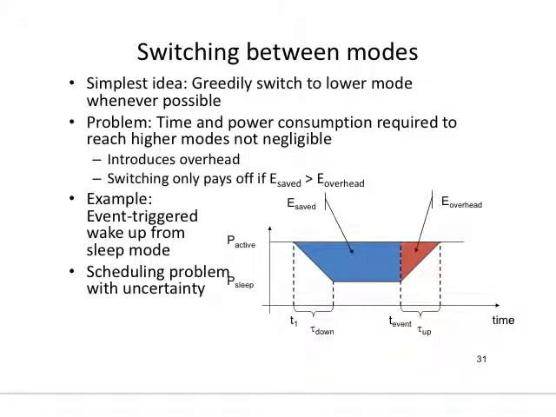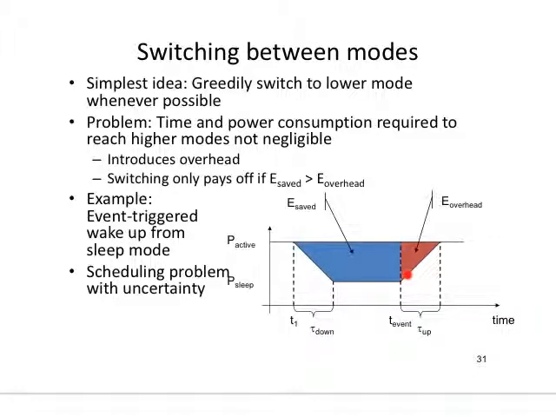So what is the condition on tau up and tau down that makes sure that going from active to sleep mode is feasible?